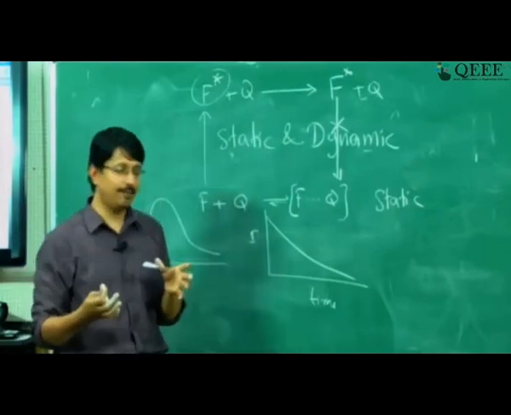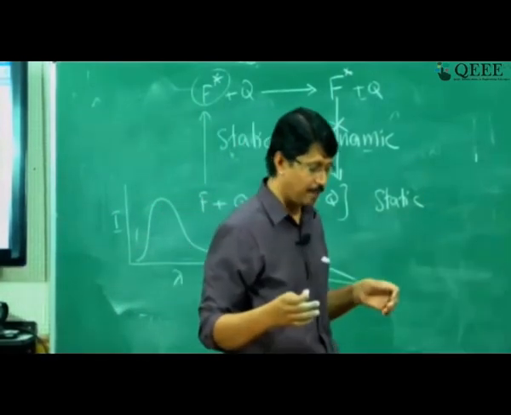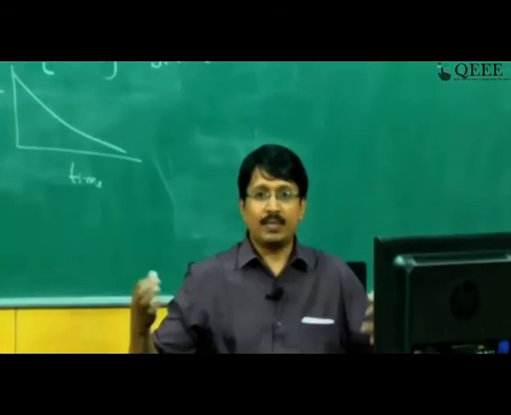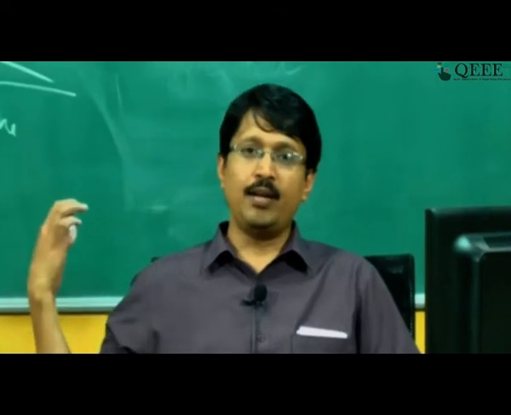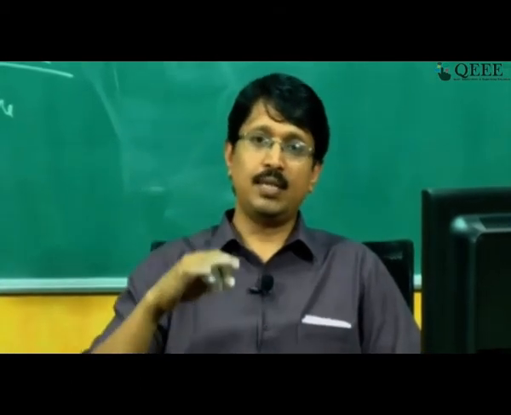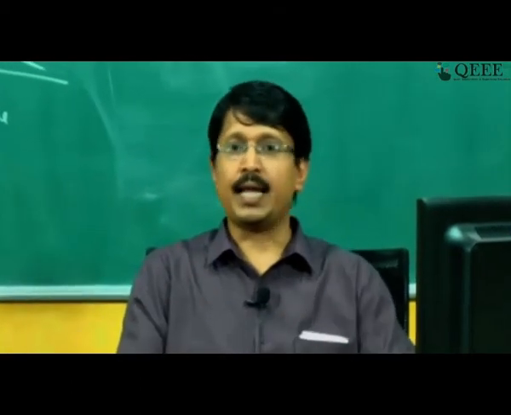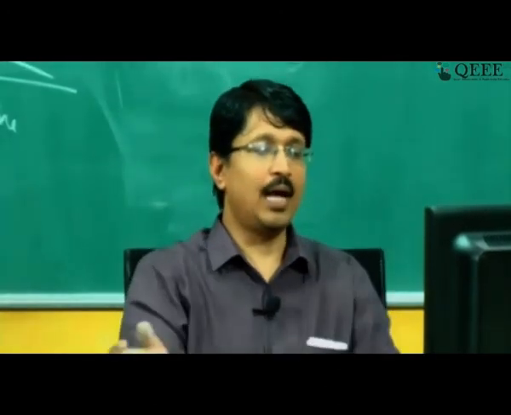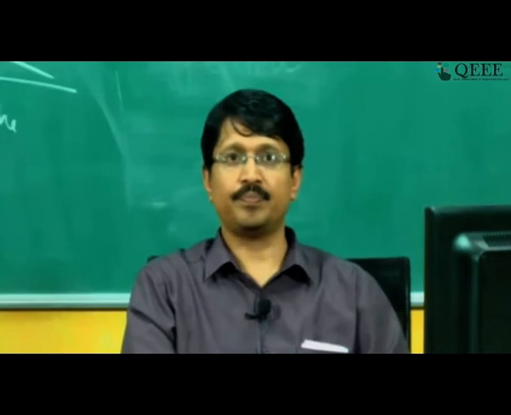But this differentiation between static and dynamic is important, because unless you know the mechanism of quenching, you cannot develop a sensor. So this fundamental information about how the fluorescence intensity is decreasing in presence of an analyte is important. That is why we are discussing it here. And there can be many reasons for quenching.